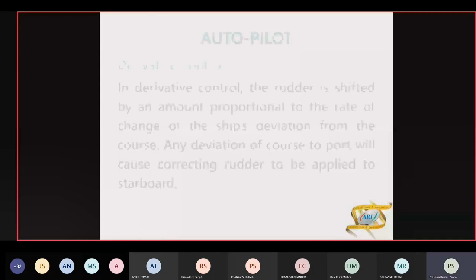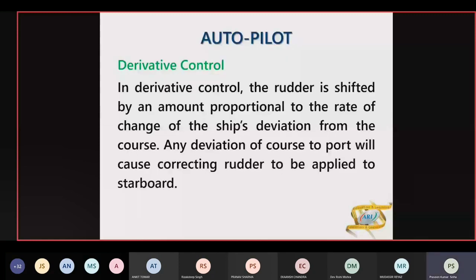The derivative control is not looking at how much I have to go. There is no comparison between where I am right now and where I have to go. The comparison is between where I have to go and what I am doing right now. These kinds of activities are taking place by those integrators and differentiators.